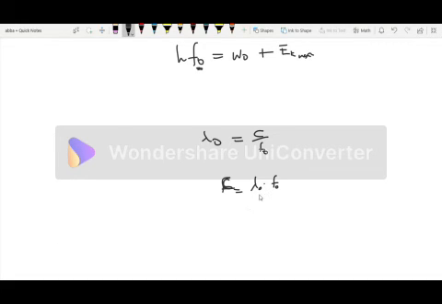So the cutoff wavelength is equal to the speed of light divided by the frequency. So the cutoff wavelength of any material is that wavelength of light which will emit photoelectrons with zero kinetic energy from the surface of that material. So now that is basically that.